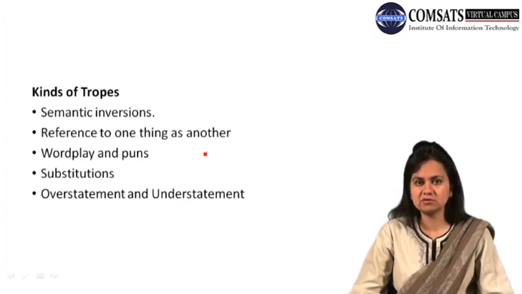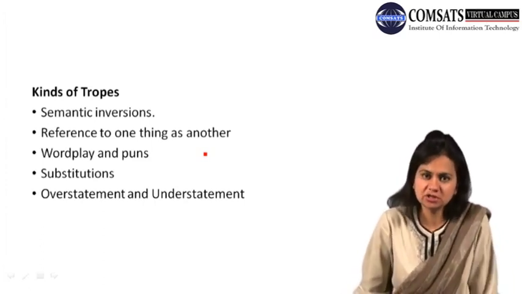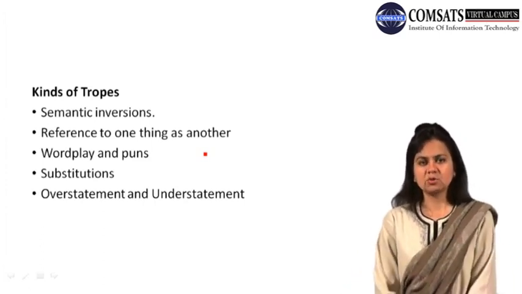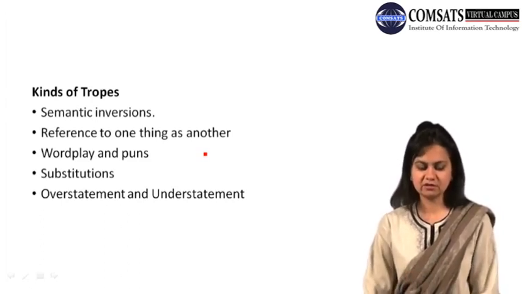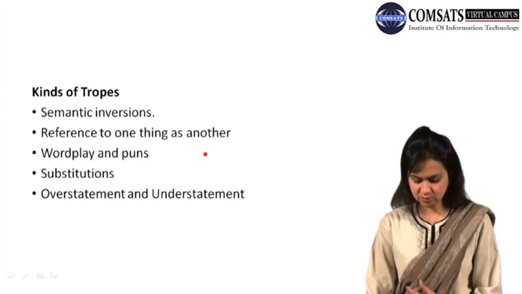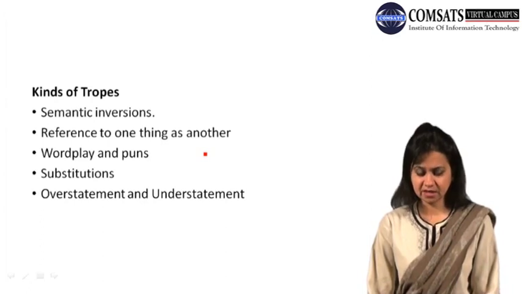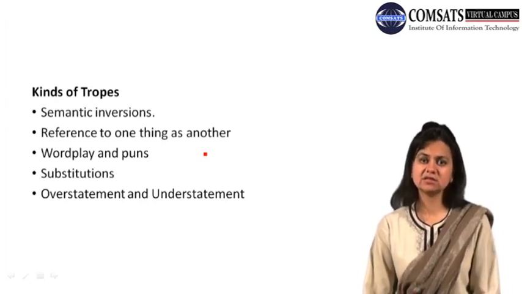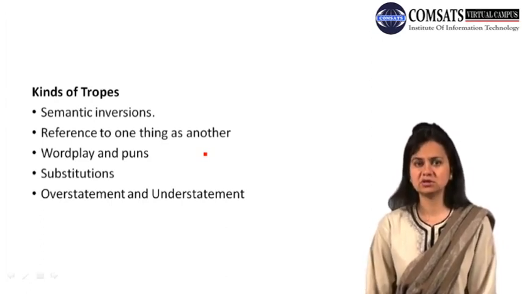So the first category or group of the tropes can be such tropes which involve semantic inversion, that there is change in meaning. Since tropes operate at the level of meaning rather than words, we will firstly observe the tropes which are referred to as semantic inversions.